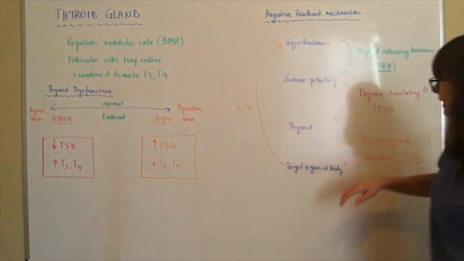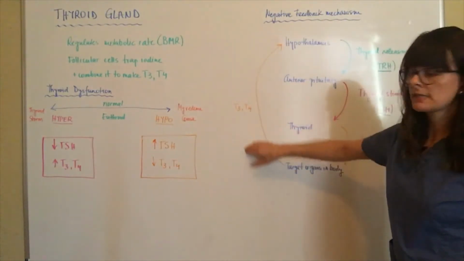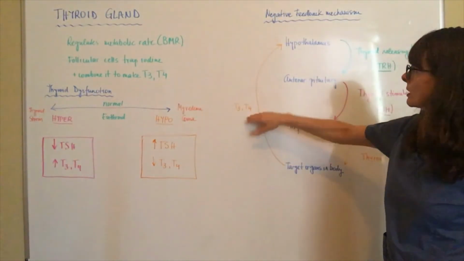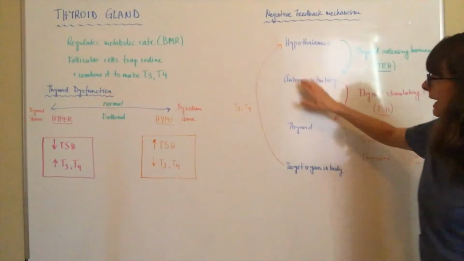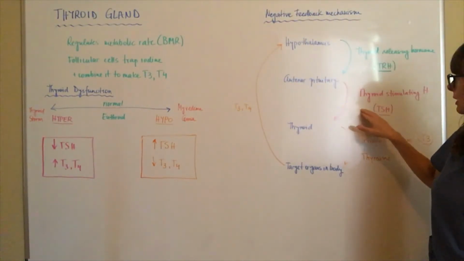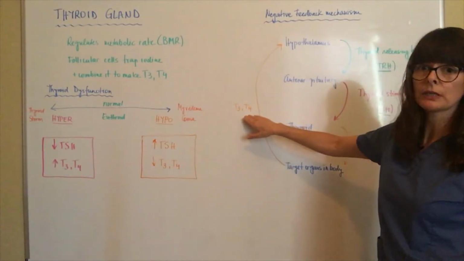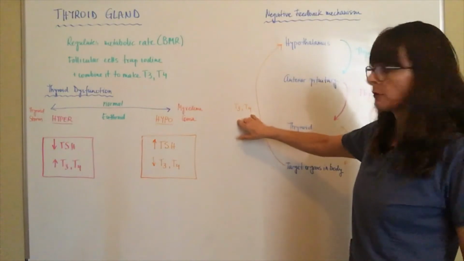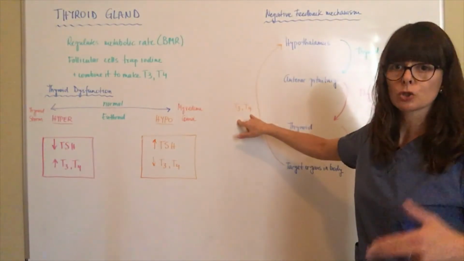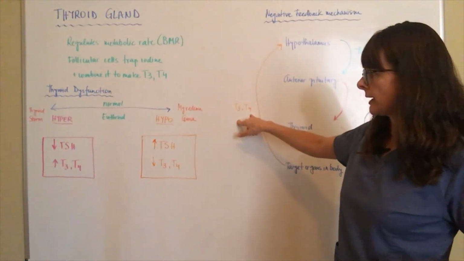The reason that happens is because we have so much T3 and T4 circulating in the bloodstream that the hypothalamus says, I don't need you, pituitary, to release this TSH because I know that I have a lot of T3 and T4 in the system, and therefore everything kind of runs on super speed, which we'll look into signs and symptoms of hyperthyroid later.